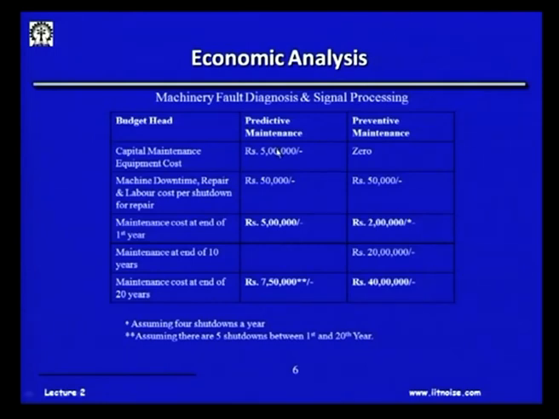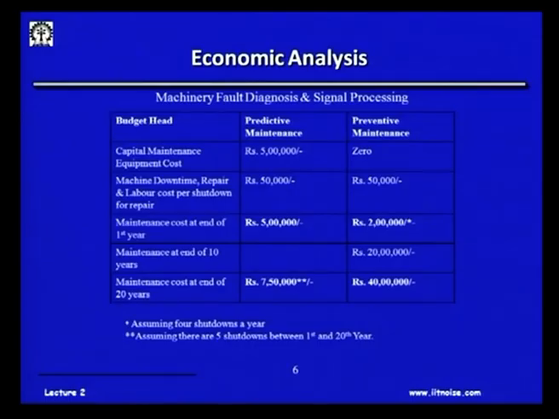But we always have a problem with maintenance engineers asking the management for more investment right on day one, because the management would obviously say, well, we have just bought a new machine, why do you require an additional expenditure of 5 lakhs for maintenance?